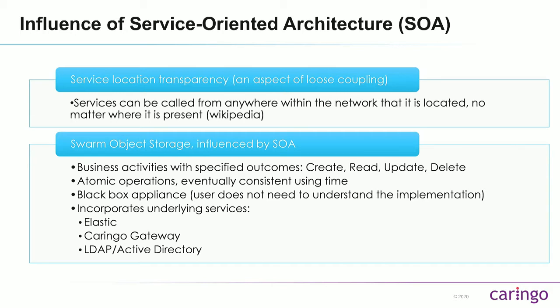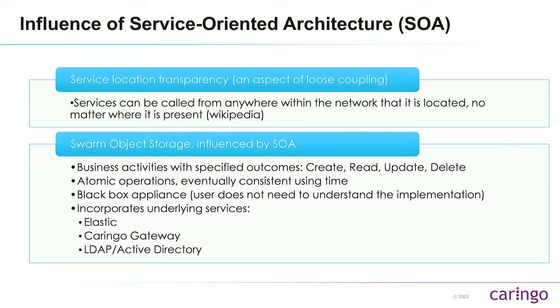And these services could also incorporate underlying services. So in our case, we tap into Elastic as the web standard best practice metadata indexing tool. Elasticsearch overtook competitors some years ago, and that's been a really bulletproof underlying service for Swarm.